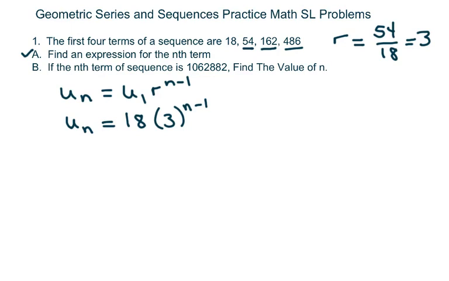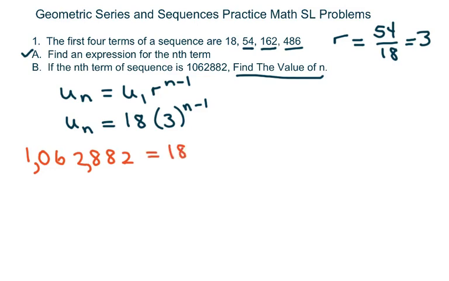They want us to find the value of n if the last term is 1,062,882. So if this is our last term, then what is our n?